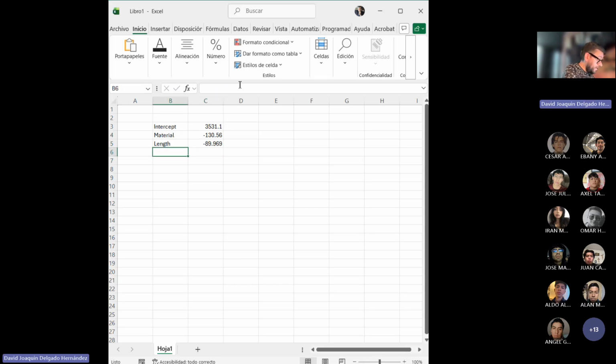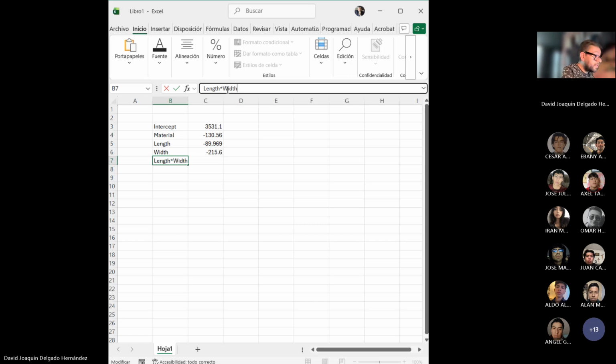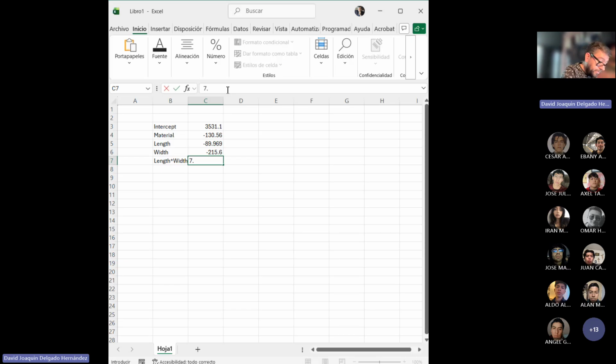Then I have the width. In this case, the quantity is minus 215.6. And finally, I have the multiplication, which is length times width. The coefficient here is 7.7083.